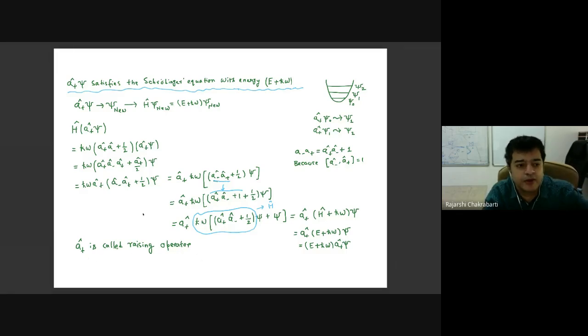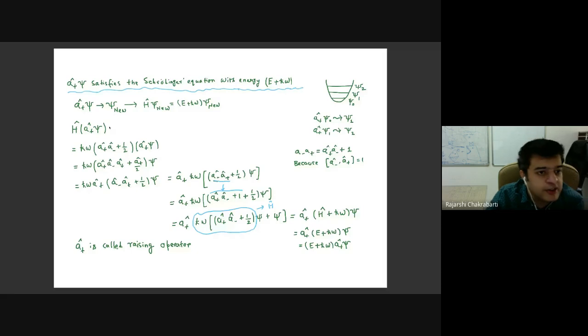Remember, if I calculate the Hamiltonian operator operating on a wave function which I'm calling psi nu, generated by the operation of A plus on some state psi, then I had shown that it is equal to E plus h cross omega times A plus psi.